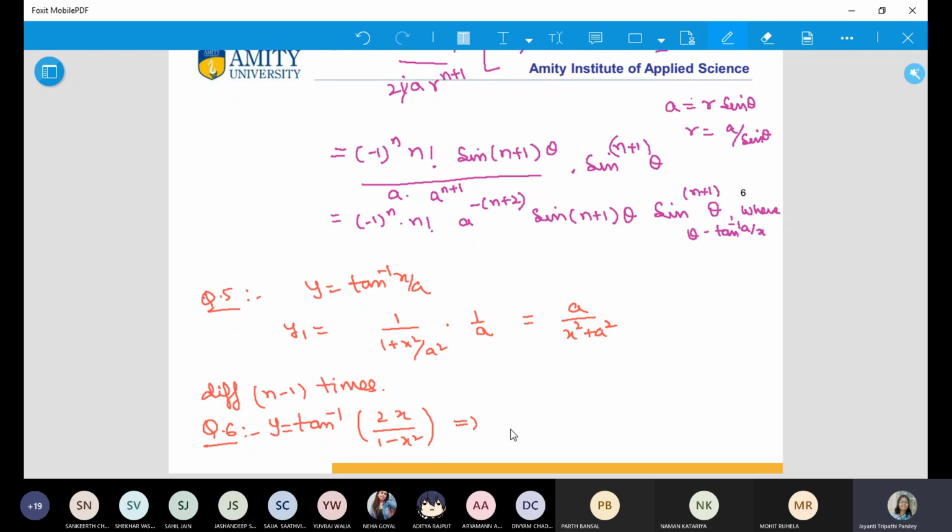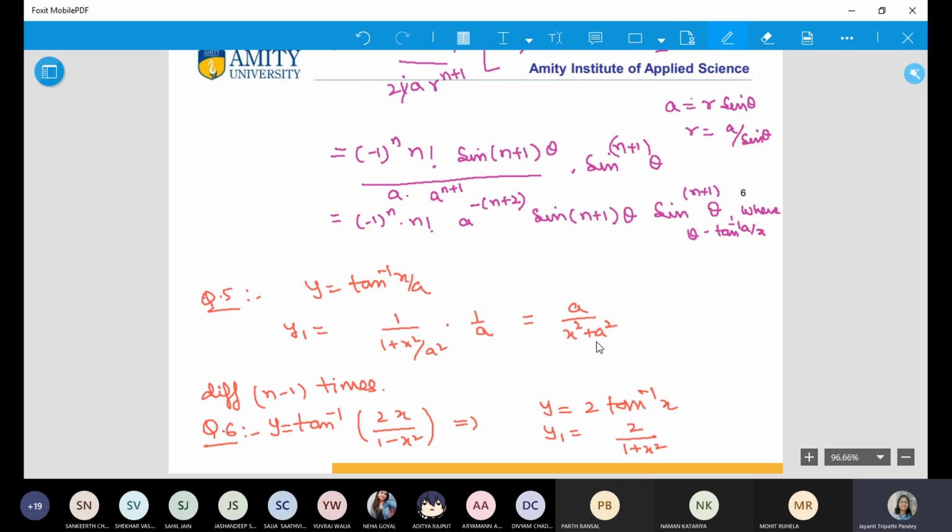You need to remember this. You did it in class 12th. You know this or not? That tan inverse 2x upon 1 minus x square is 2 tan inverse x. So y is equal to 2 tan inverse x. So y1 is equal to 2 upon 1 plus x square.